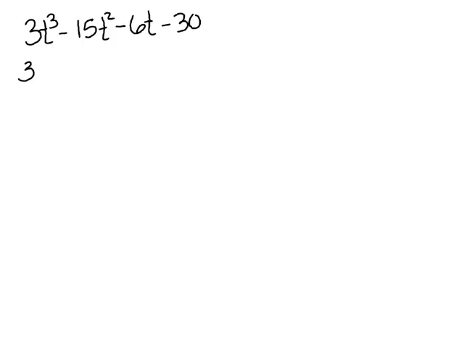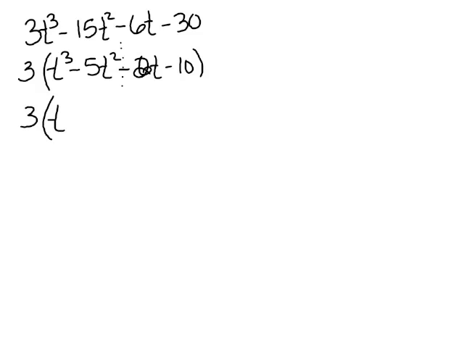So if we pull out a 3, then we've divided in half. Pull out the t squared. If I pull the t squared out, I end up with t minus 5.